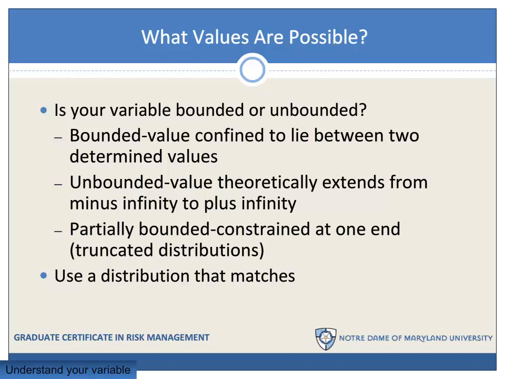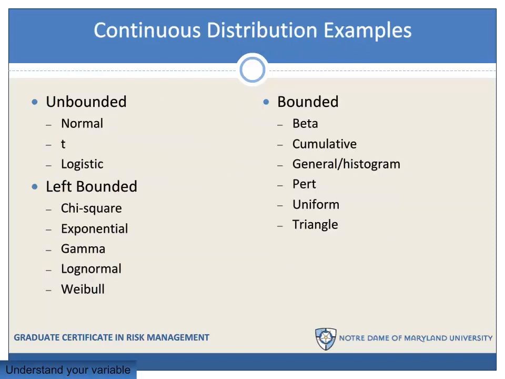So what you want to do is identify whether your variable is continuous or discrete, and whether it's bounded, unbounded, or partially bounded. Those two pieces of information are going to help you zero in on a small subset of distributions that would be among the candidates for you to work with. Here are some examples of those subsets. If you're dealing with a continuous unbounded variable, some candidate distributions would be the normal distribution, the t, or the logistic distribution.